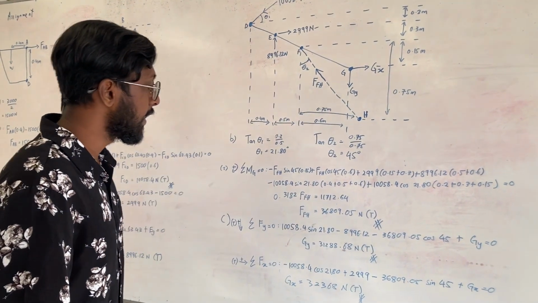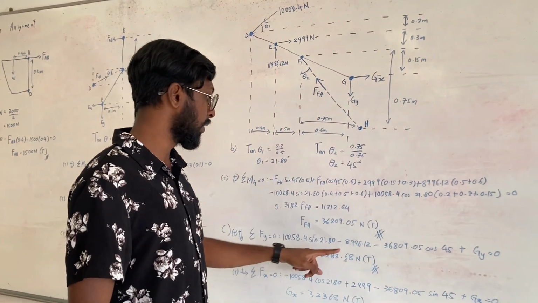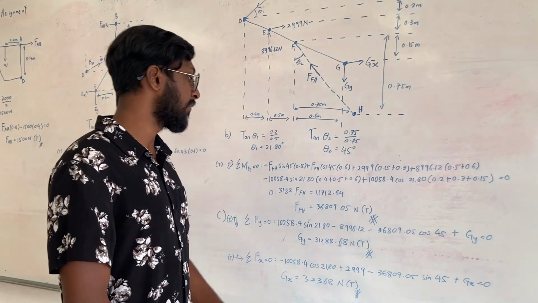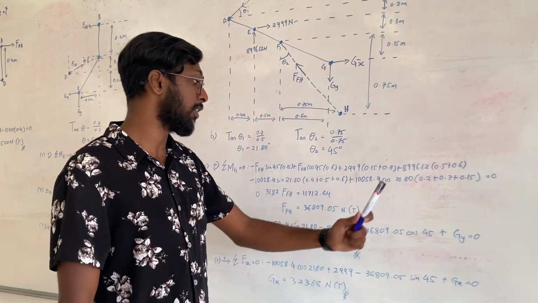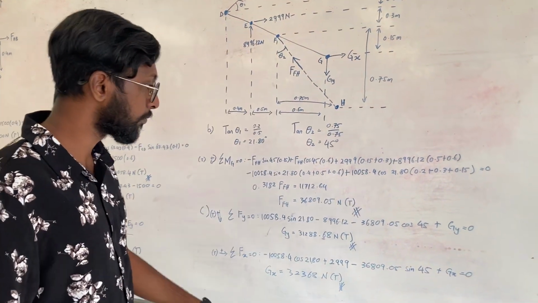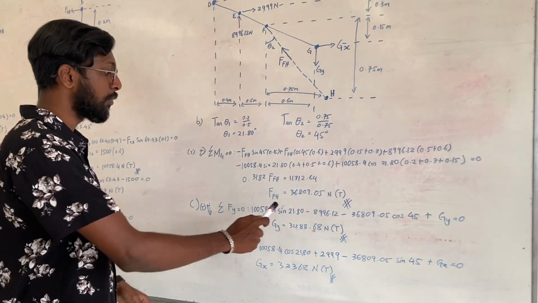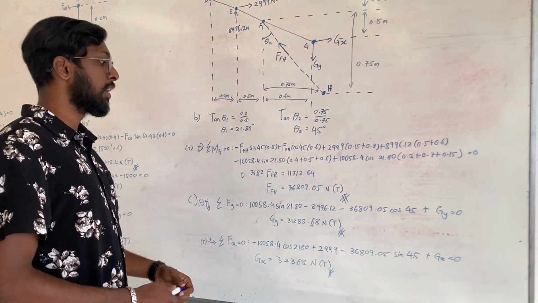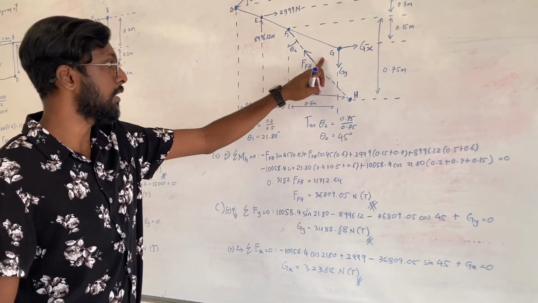Minus 8996.12, which is going upwards, so we have negative. And then FFH, which is 6809.05 cos 45, it is negative as it is going upwards. Plus Gy is going upwards, equals 0. Solve the equation and you will get Gy equals 31288.68 Newton, forces in tensile.